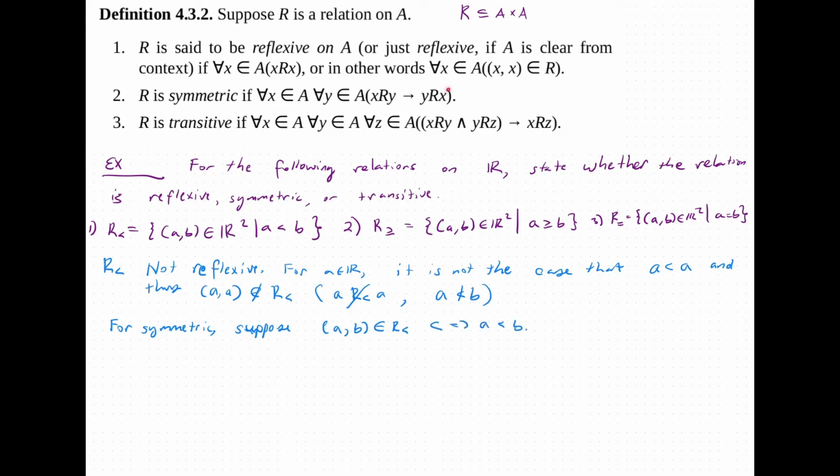And then we want to show that b is less than a. But of course that is not true, since b is not less than a. We have that b comma a is not in here, and so this is not symmetric.